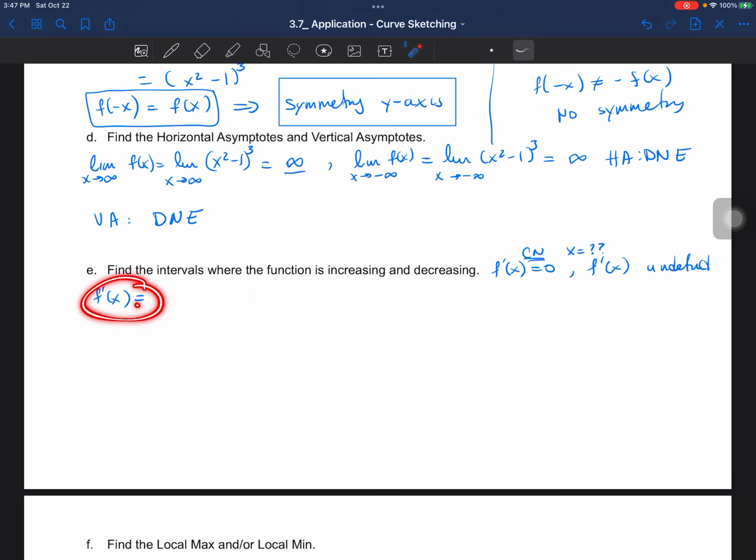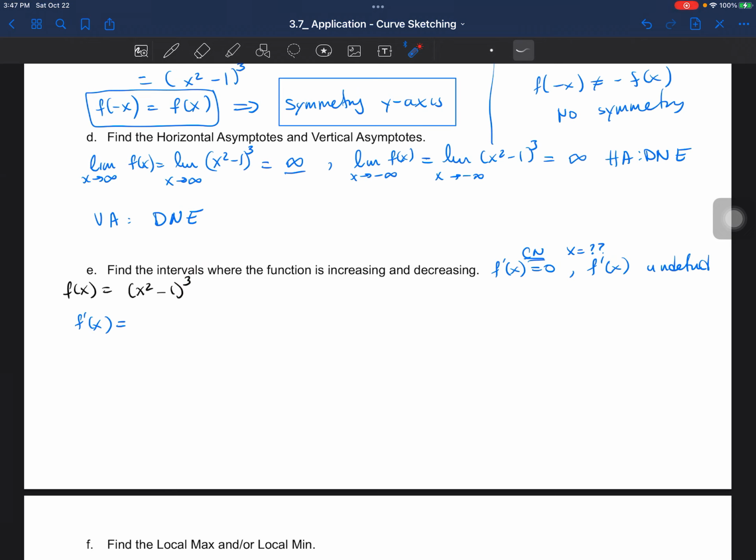Let's find the first derivative. The first derivative of the function, let me maybe rewrite the function up here so that we can follow that much easier than trying to guess what the original function was. Okay, so the derivative of this, which rule are we going to be using?